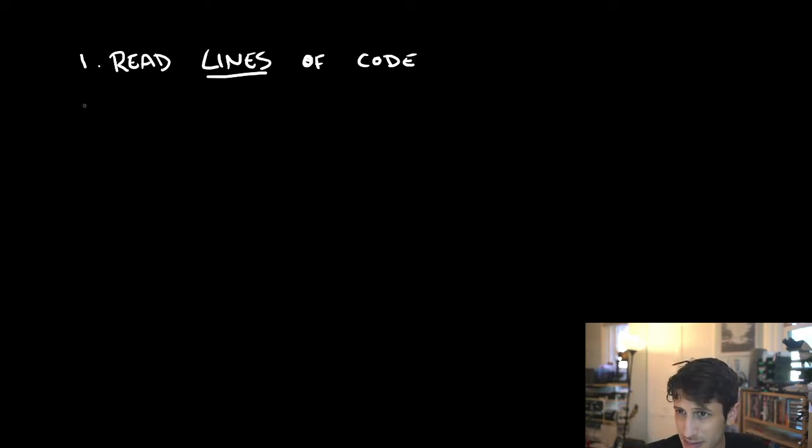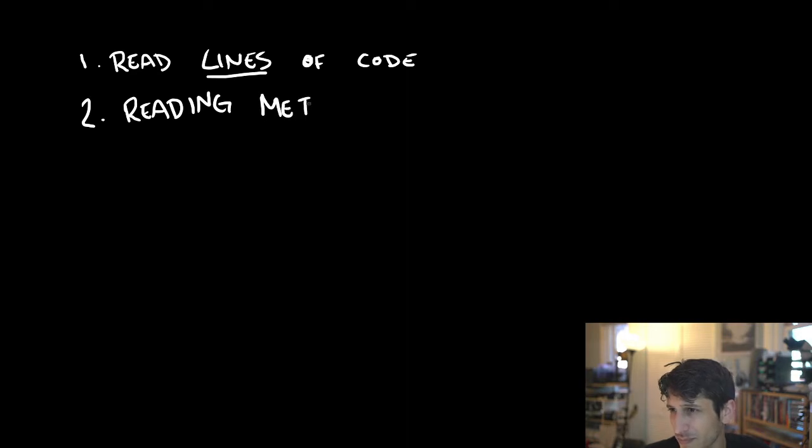So we need to start to build a picture of what's going on at a bigger level. So the second set of things that we're going to talk about is reading methods or classes or files.